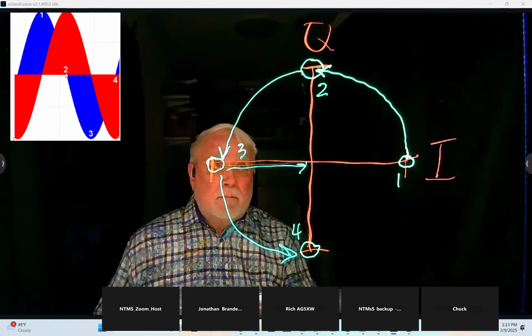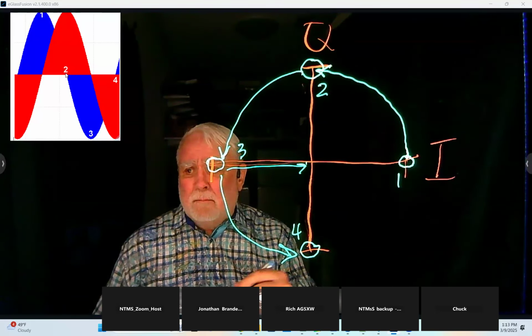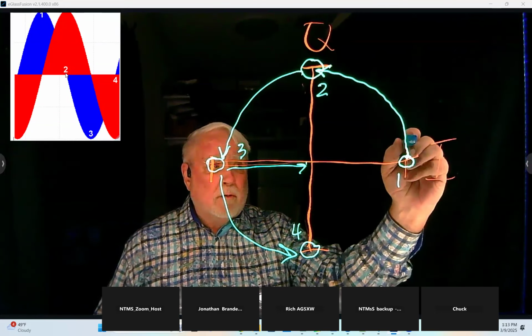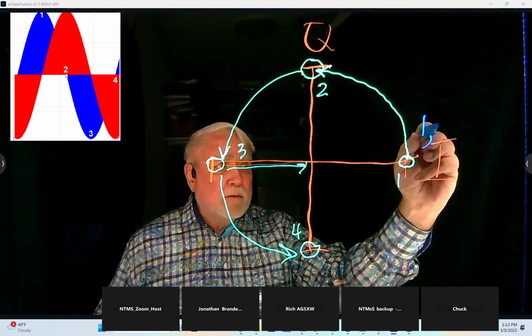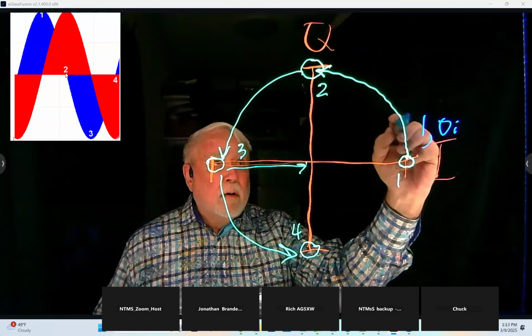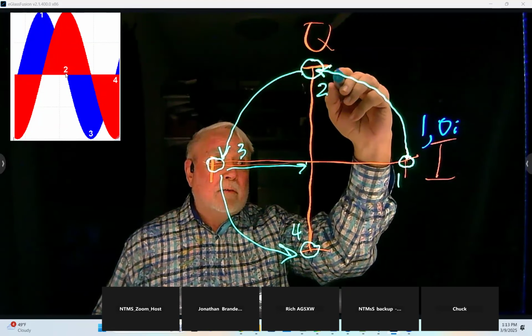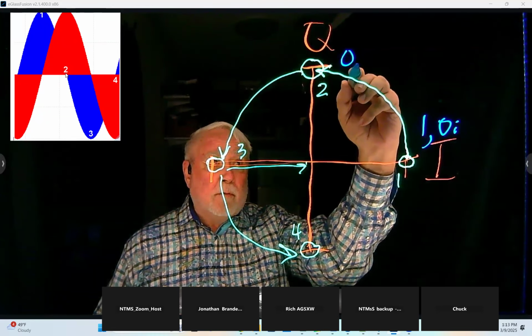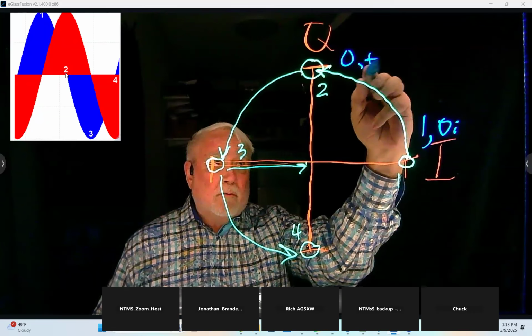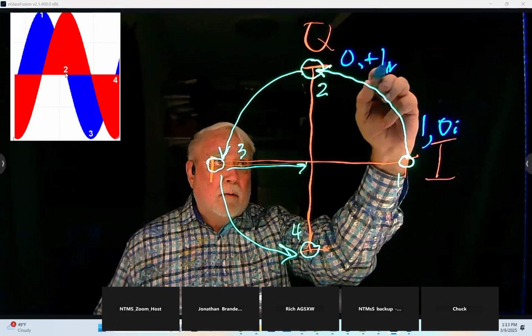Now, to number these points, we know that this one here was a positive 1. So the first number is a 1, and the second number is a 0, imaginary. And then this one here is going to be the first number 0, because the real number comes first. And then it's a positive 1, imaginary.